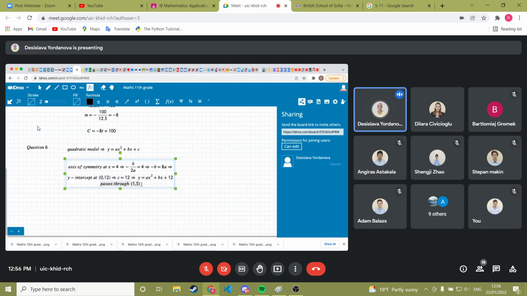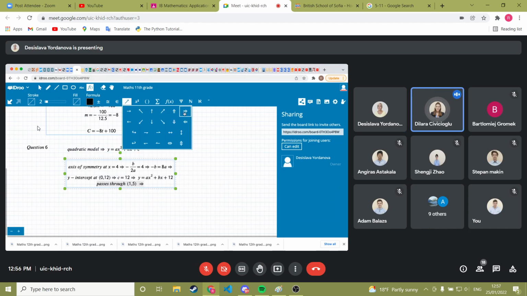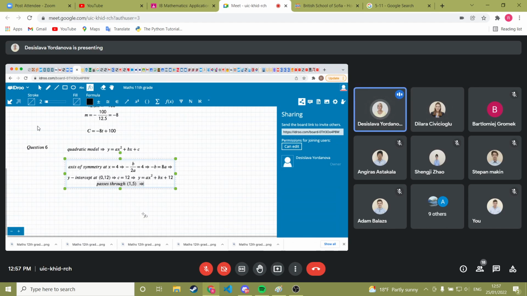And passes through 1 and 5, what does it mean? It means x and y, so it's gonna be a and b. I think so. Passes through the point 1 and 5 means that when x equals 1, y equals 5. When they've given you a point, they always talk about coordinates x and y of this point.